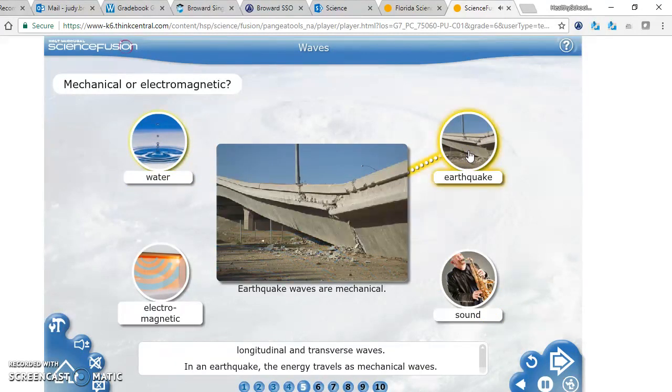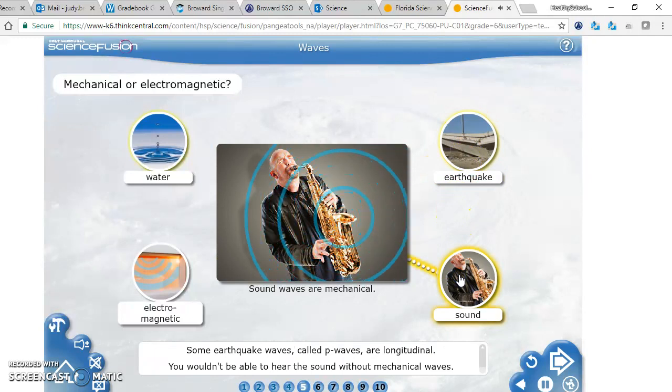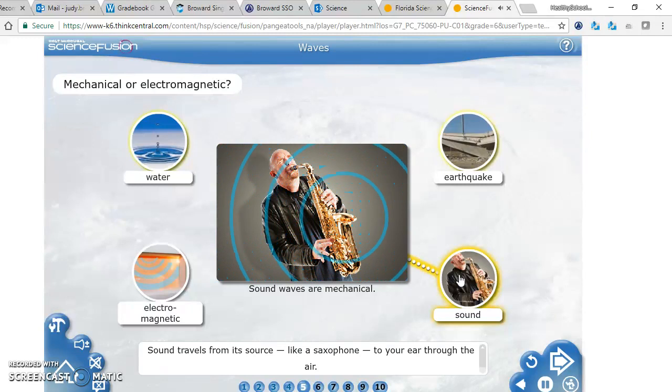Earthquake waves are mechanical. They also need a medium. Some earthquake waves, like P waves, are also mechanical. You do need a medium for the earthquake waves to travel through.